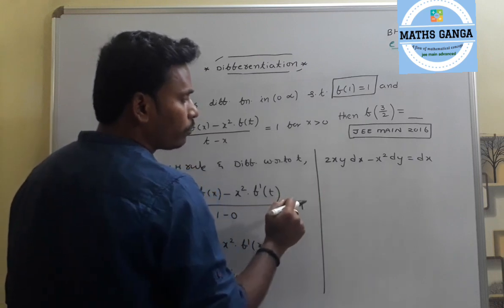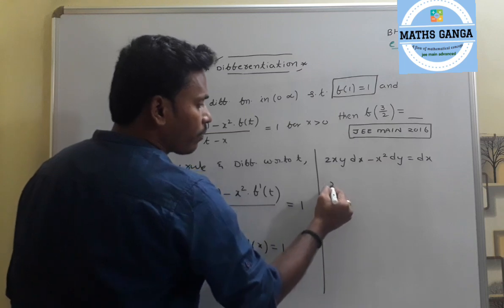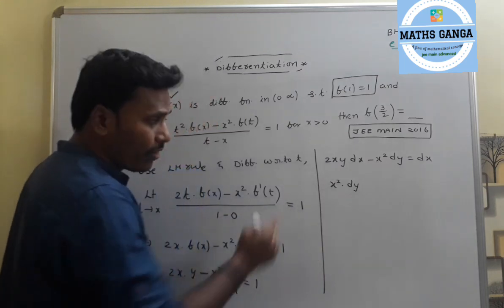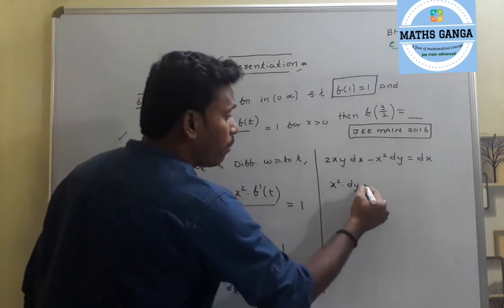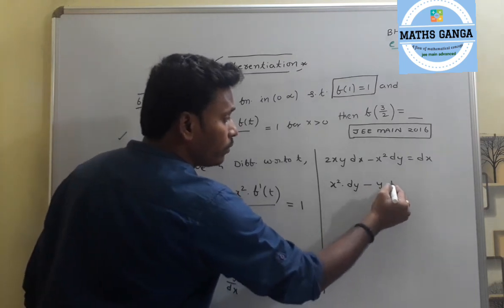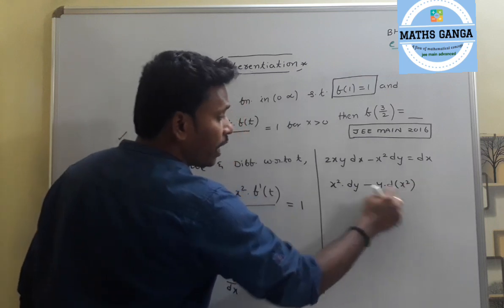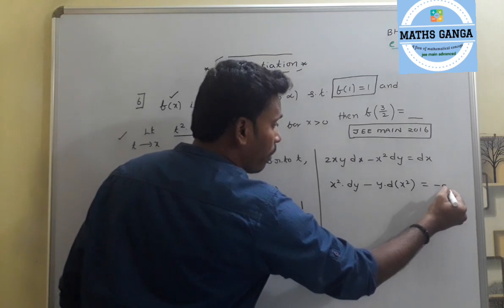I am writing it in such a way: x square into the derivative of y, I will send the minus to that side, so x square into dy minus y into the derivative of x square, which is 2x dx, is equal to minus dx.